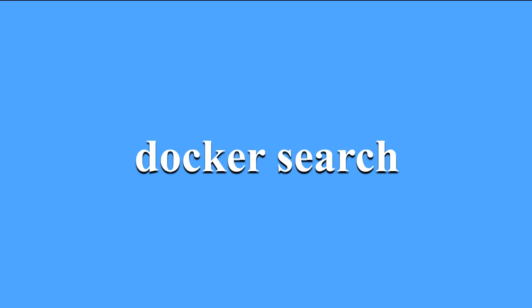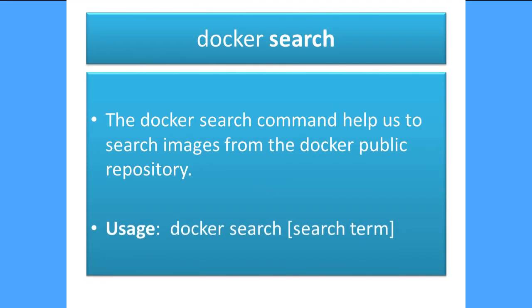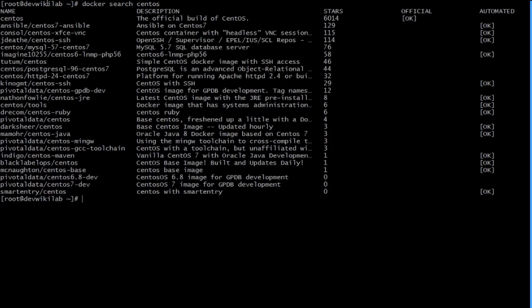The next command is docker search. The docker search command helps us to search images from the Docker public repository. Usage: docker search. Go to the terminal. For example, if you want to list all the CentOS images from the public repository, type docker space search space centos. You can find some helpful information here.